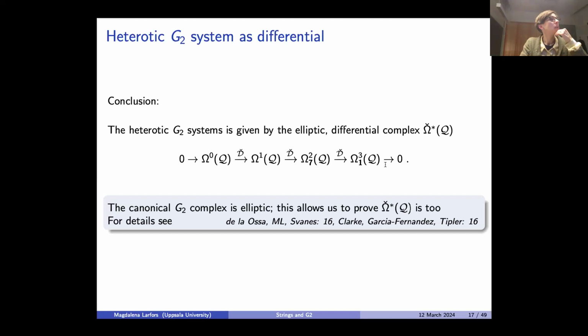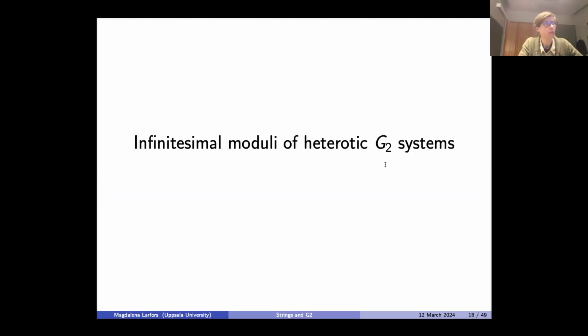But as far as I can recall, it does not enter into the proof of ellipticity. I see. Okay. But it is a good remark. Okay, I will then continue.